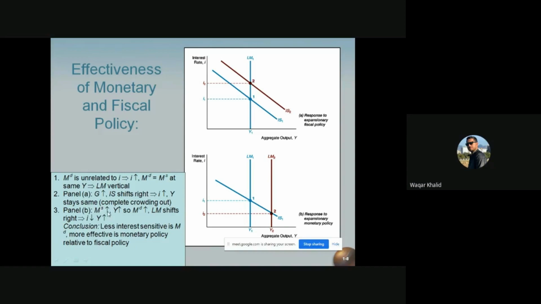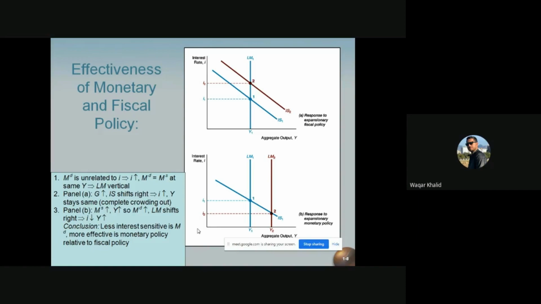When the money supply has increased, the level of aggregate output has also increased. The LM curve shifts right. What is the result? A decrease in the interest rate and an increase in the aggregate output level. Look at point 2, we have a decreased interest rate as well as an increased aggregate output.